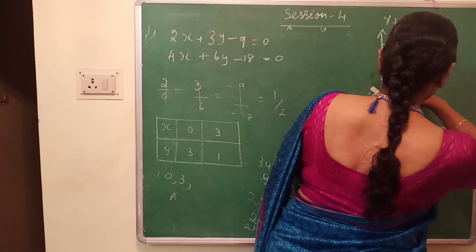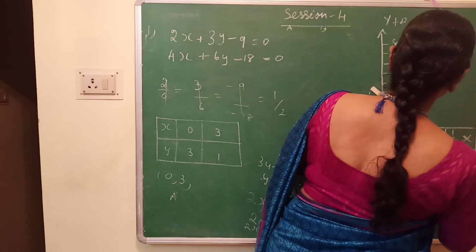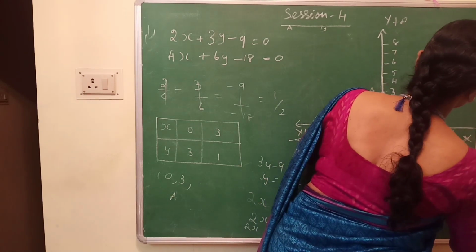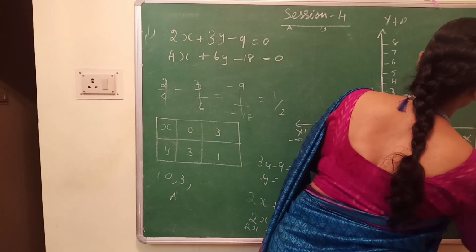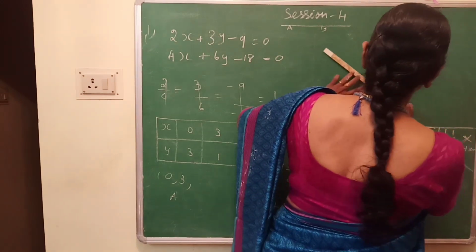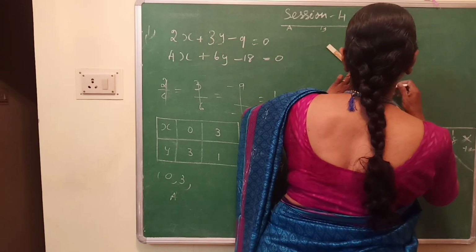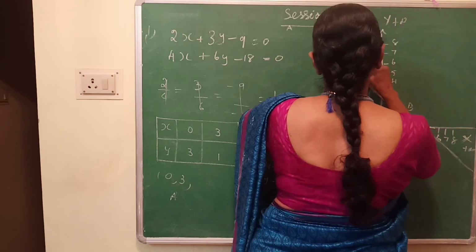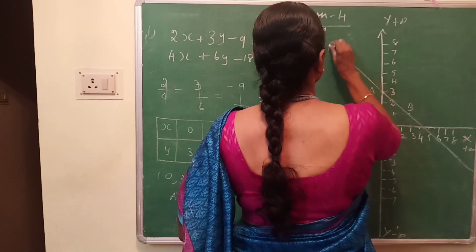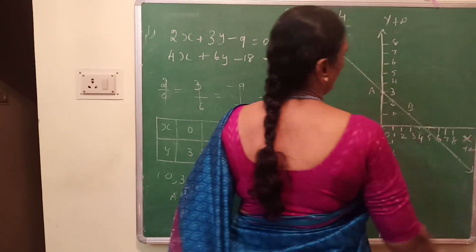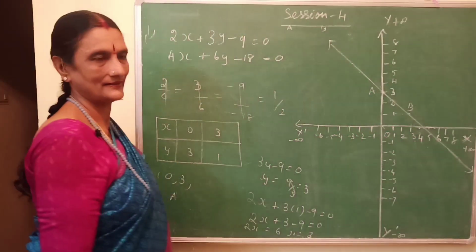So this is the line we want. We can extend it on both sides. So we get a straight line. This is the line we got.